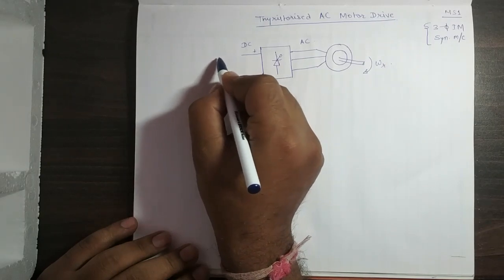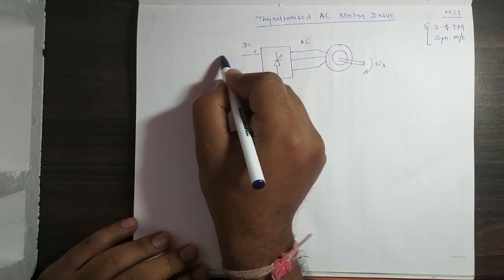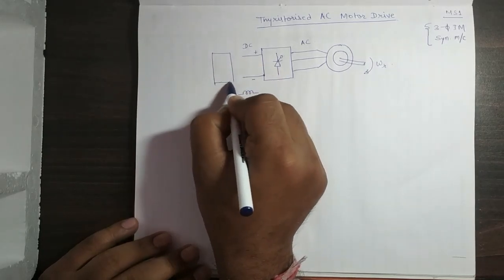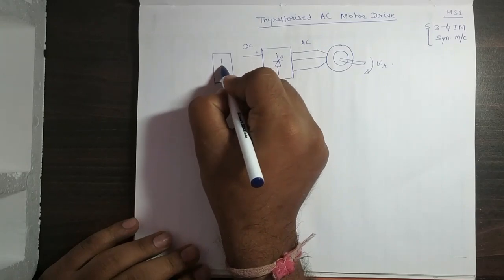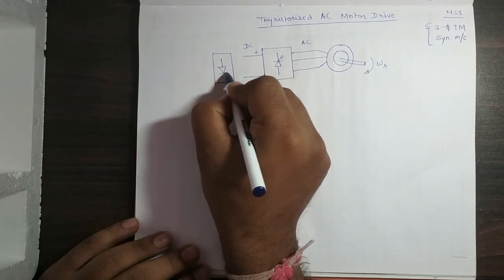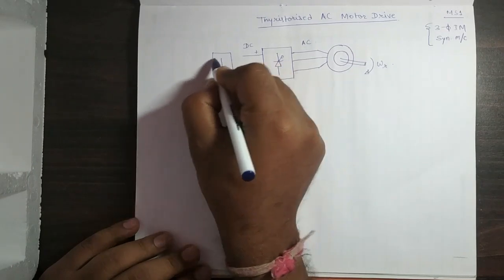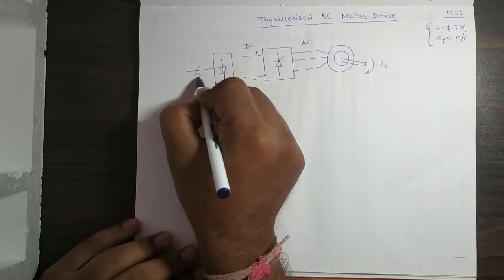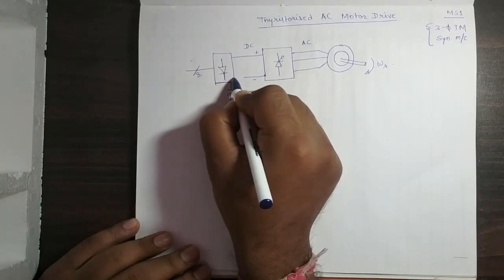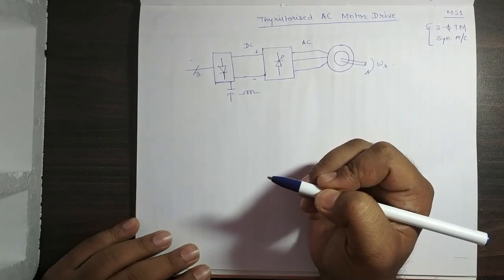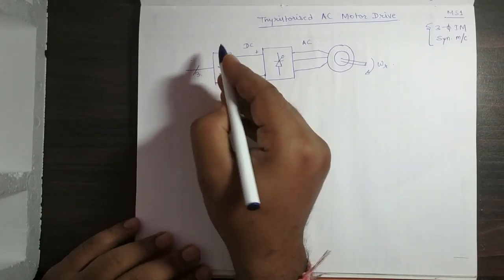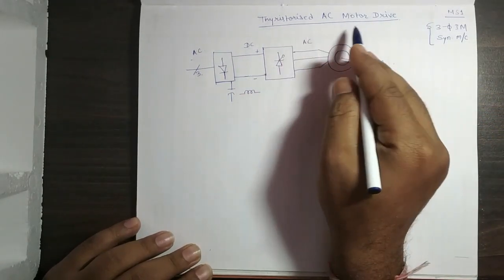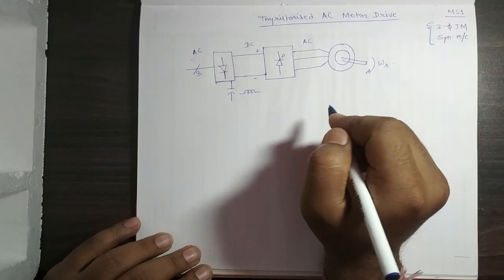And on this side you have a diode to make the AC to DC. So this is effectively a thyristorized AC motor drive in open loop.